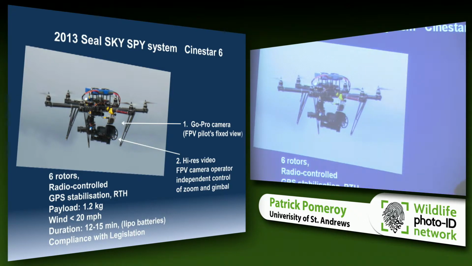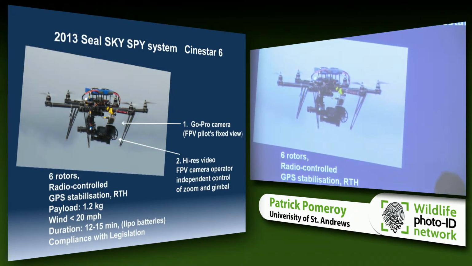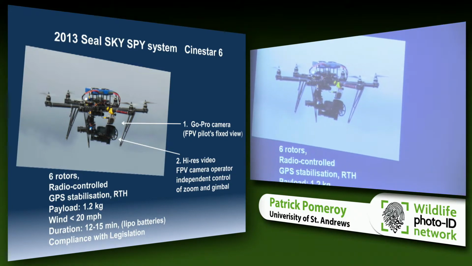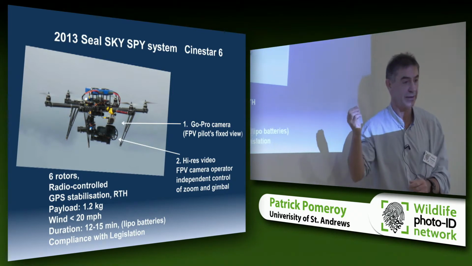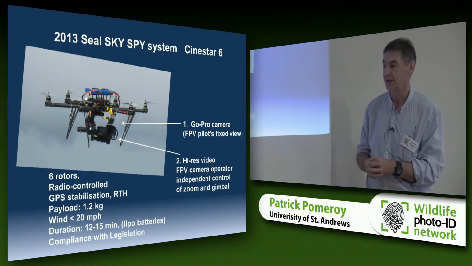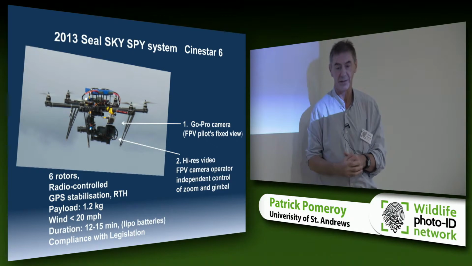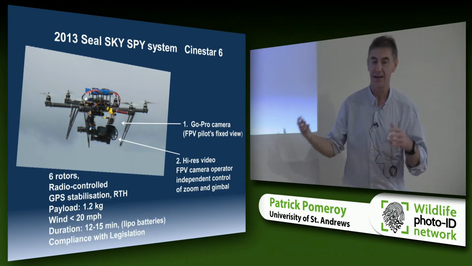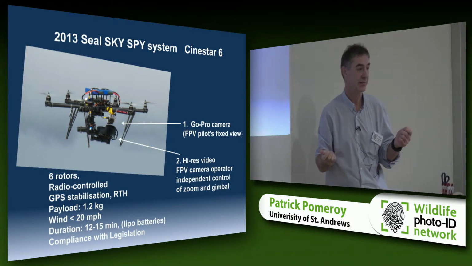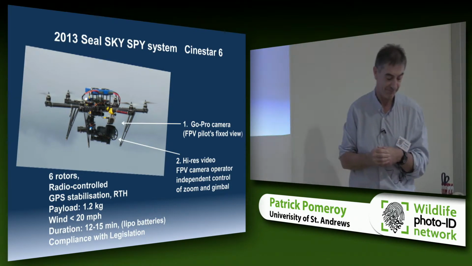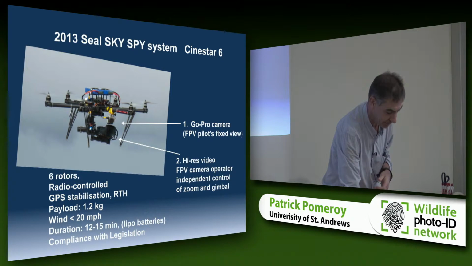It can carry about a kilo of payload. It'll operate in winds up to about 20 miles per hour. The duration that you fly for is up to about 12 to 15 minutes, using high-powered LiPo batteries. And all of this has to comply with UK CAA legislation. So that's an important consideration.